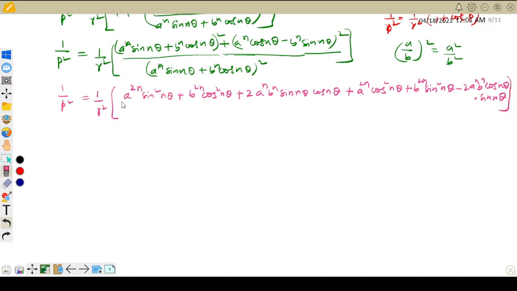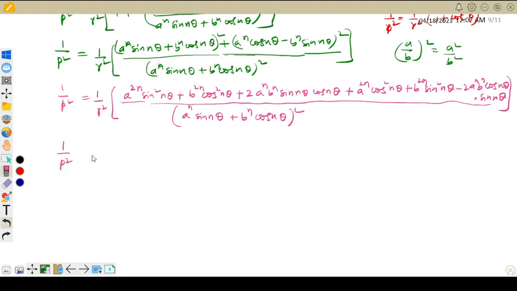So whole divided by a raised to n sin n theta plus b raised to n cos n theta whole square.